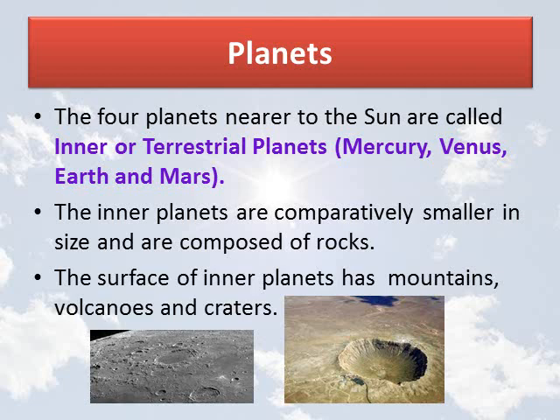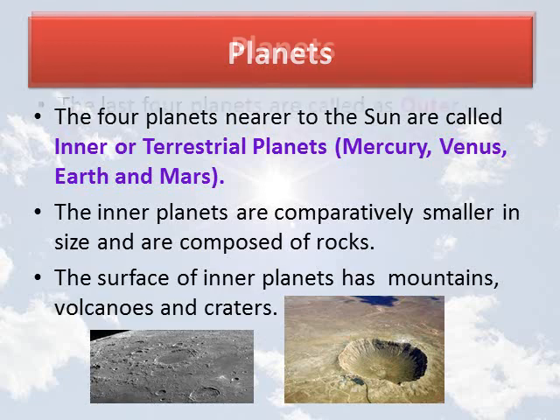So you can find mountains, that is tall, very huge hills, and you can find volcanoes as well as craters. Crater, C-R-A-T-E-R. A crater is a bowl-shaped depression or a hollowed out area that is produced by the impact of a meteorite. When a meteorite comes and lands on the surface, you can find a crater. In the picture you can find a crater.